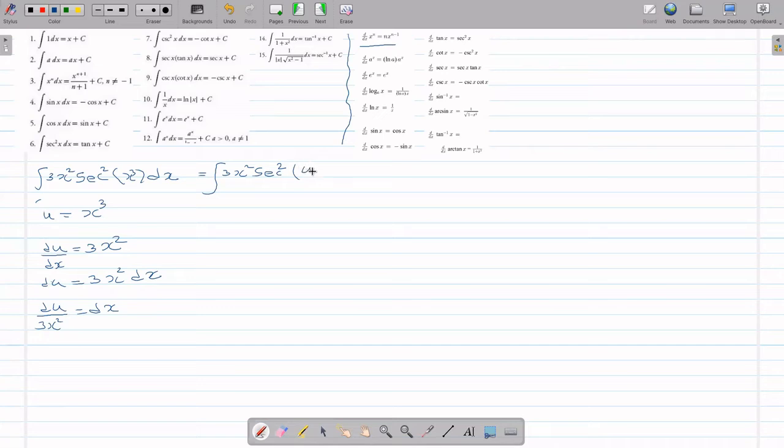This x cube is u, du by 3x squared. This one I can cancel out, no? Here I get secant squared u du. Okay, so now everything is u.